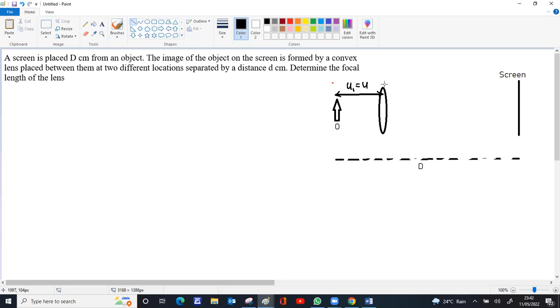This is the corresponding image distance in that case, so v in the first case, let that be v.